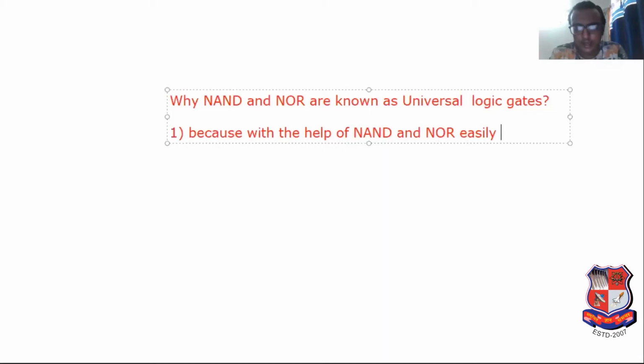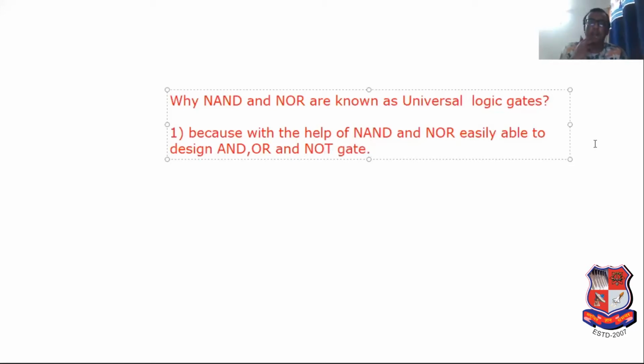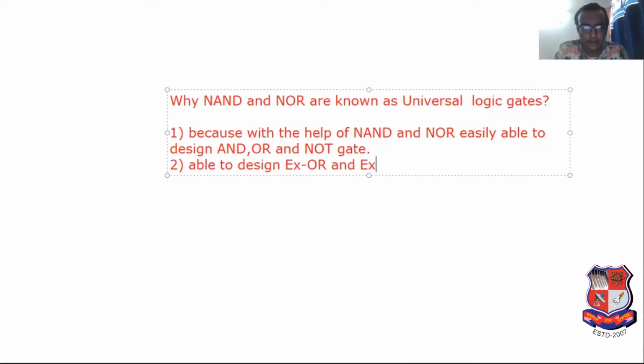AND, OR and NOT gates. With the help of NAND and NOR we can easily design AND, OR and NOT gates, and we are also able to design XOR and XNOR logic gates using NAND and NOR.